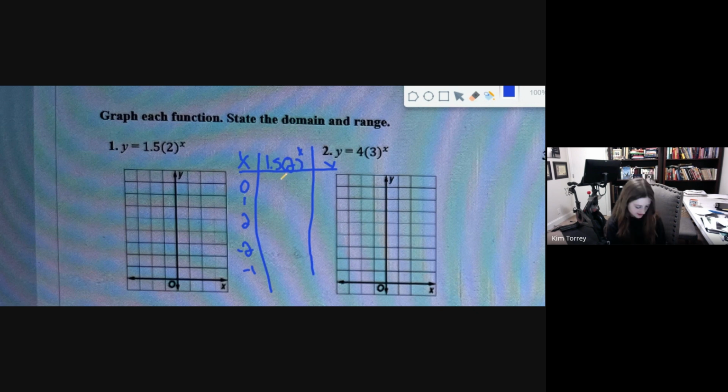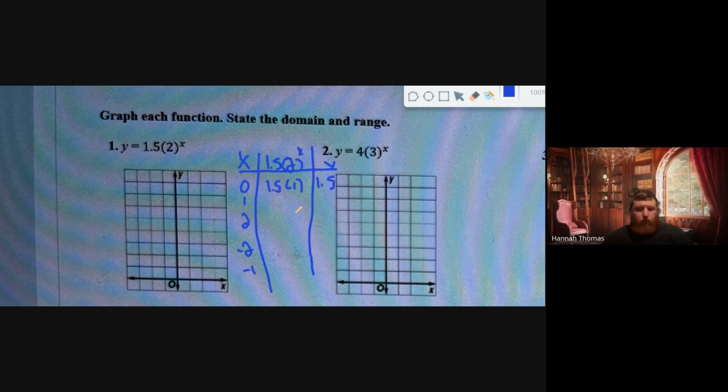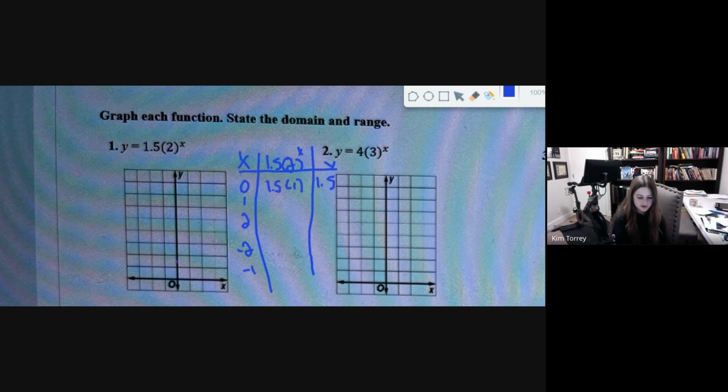So you do 1 times 1.5 is 1.5. And then 2 times 1 is 2, 2 times 1.5 is 3. And then 2 squared, so that would be 4, and then 4 times 1.5 is 6.